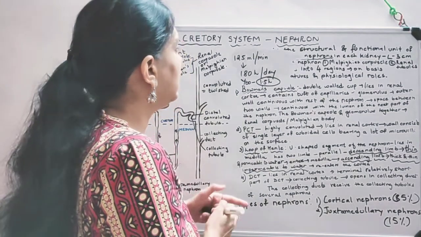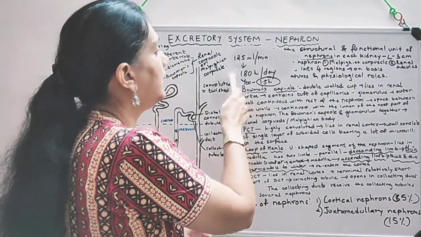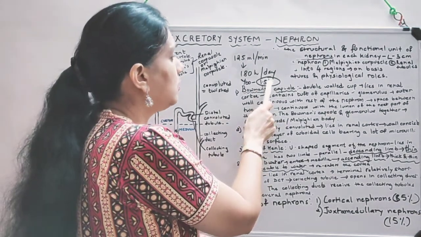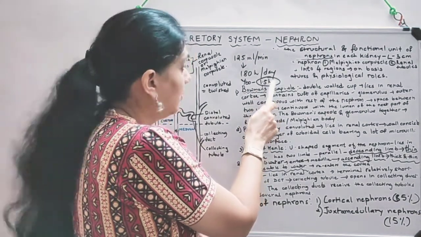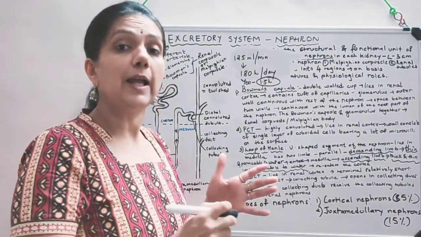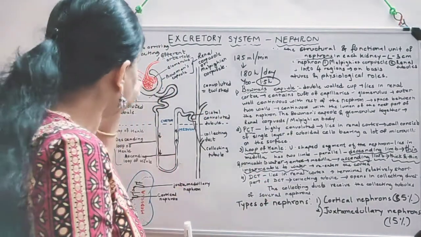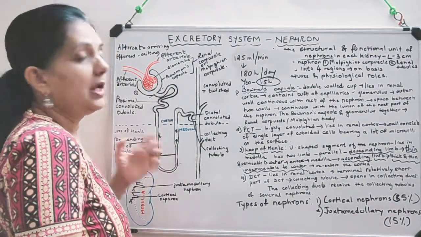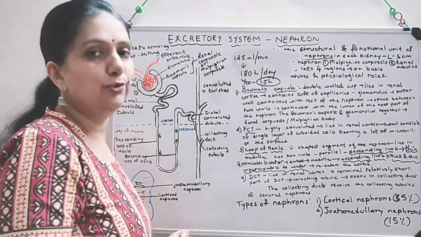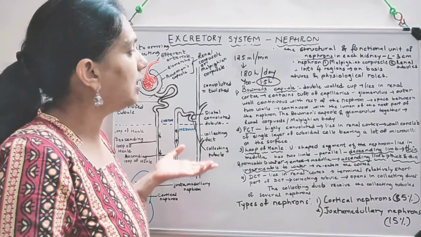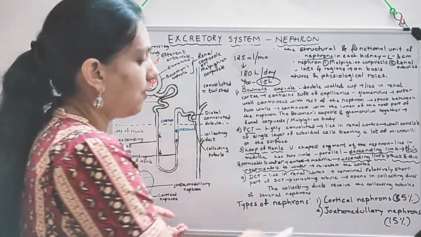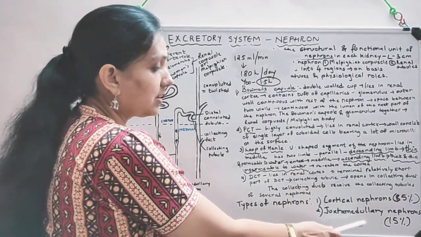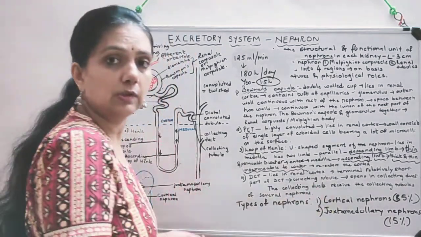So you can say when 180 liters is filtered, the urine made is only 1.5 liter. So 99% of the filtrate that passes through this nephron is absorbed back into the body. So that is the significance of the long loop of Henle in juxtamedullary nephrons.